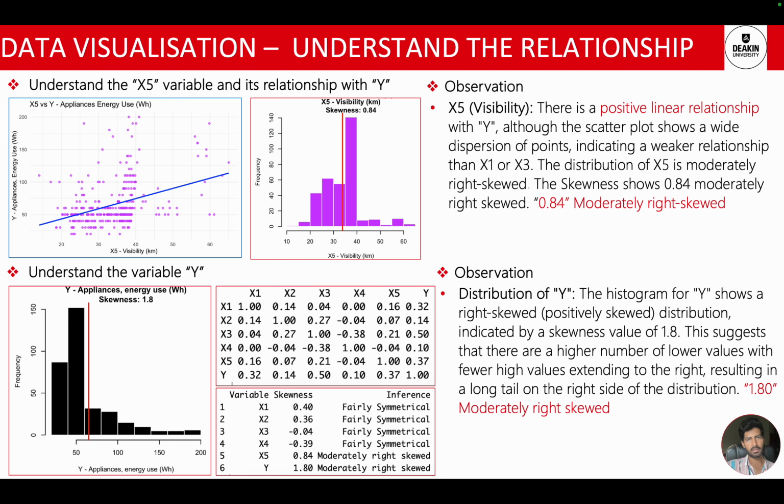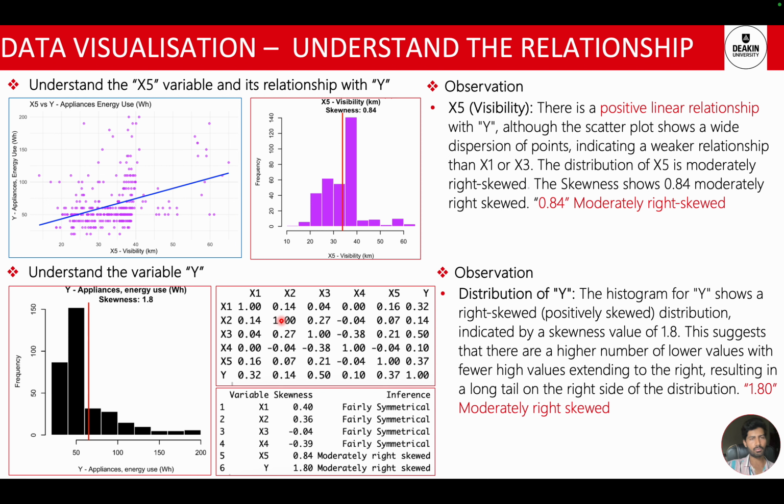Moving toward the final variable, visibility, we can say that it has a positive linear relation with the y, although the scatter is spread across the span. It also has a very weak correlation with x3 and x1, and this data set is moderately right skewed.